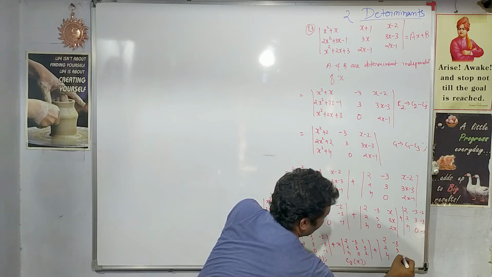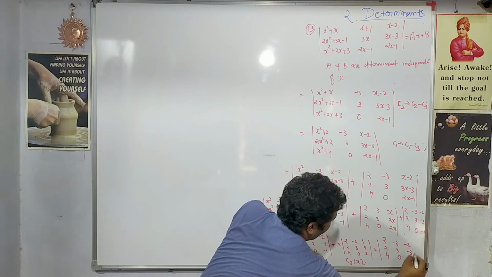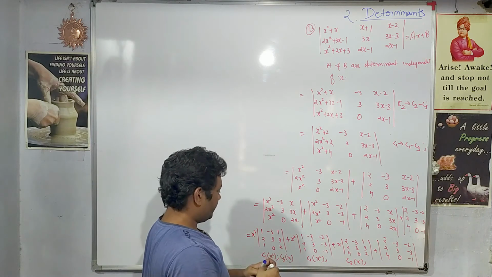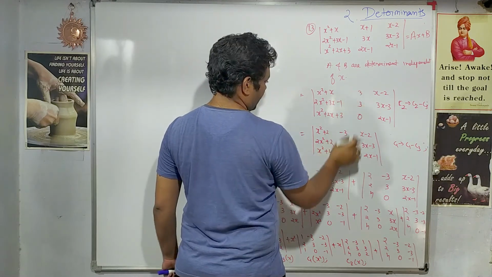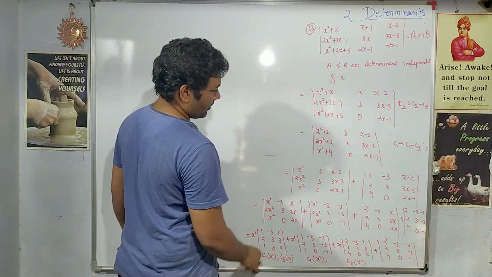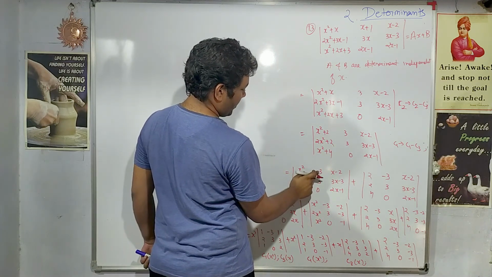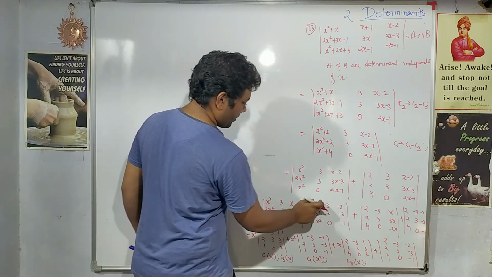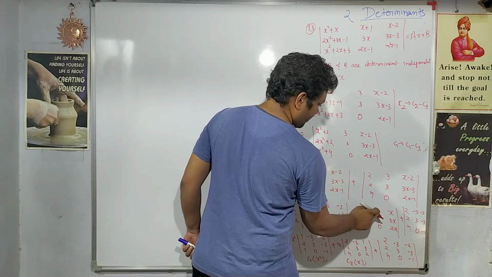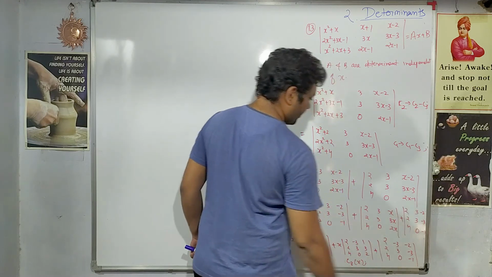Minus 3, 3, 0, minus 2, minus 3, minus 1. Let us simplify further. This is plus 3, so I have plus 3.